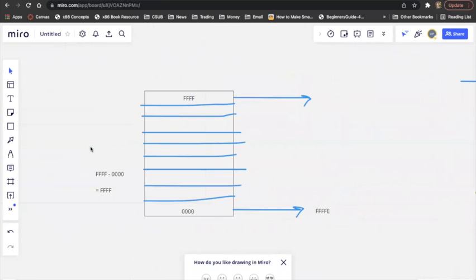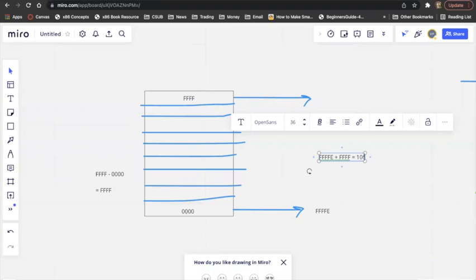So that's what we're gonna do. We can just do FFFF plus FFF. This gives us 10FFF. Okay. And for the code segment, for the physical address, we have only 5 hex.